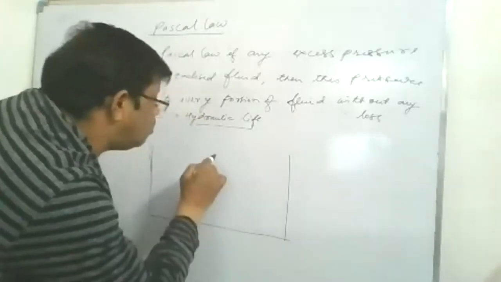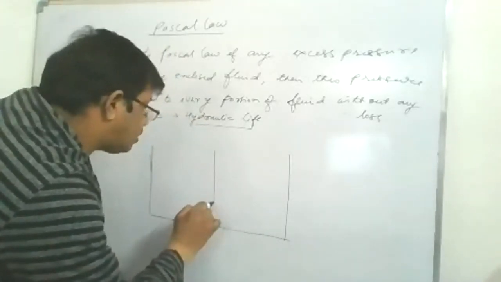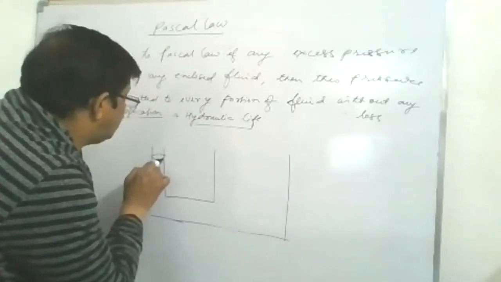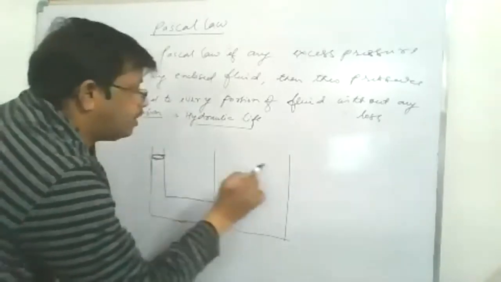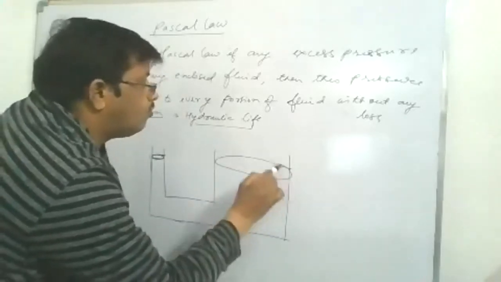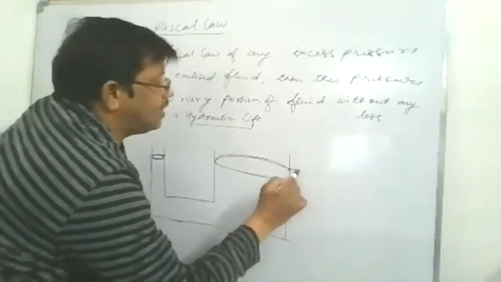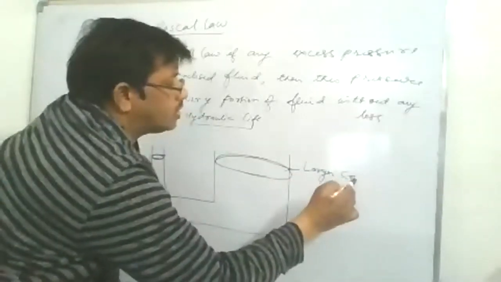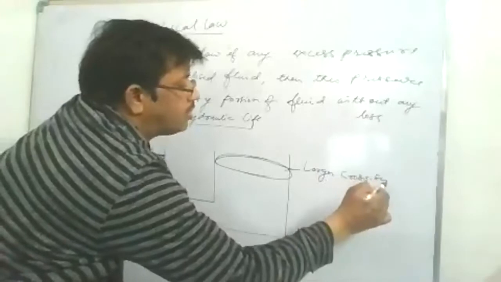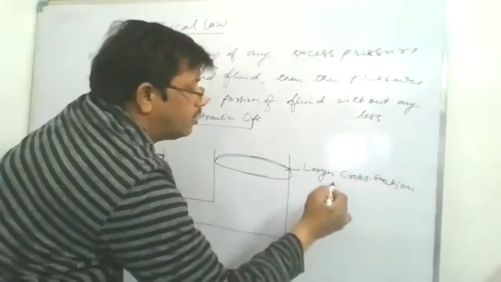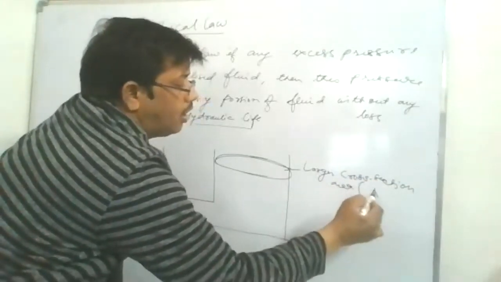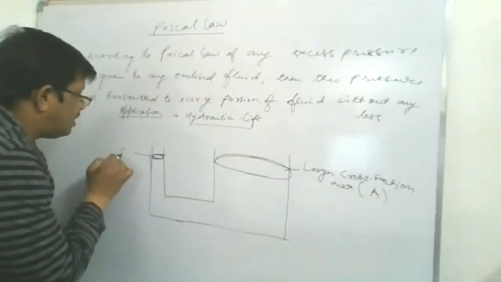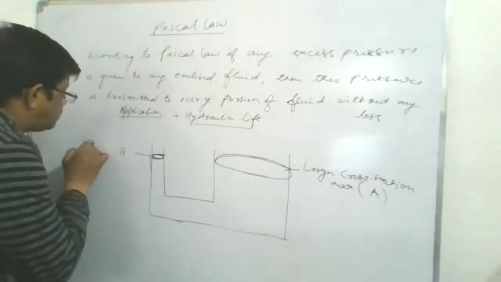It contains two arms, and there is a piston in each. One arm has a larger cross section area, and the other arm has a smaller cross section area.